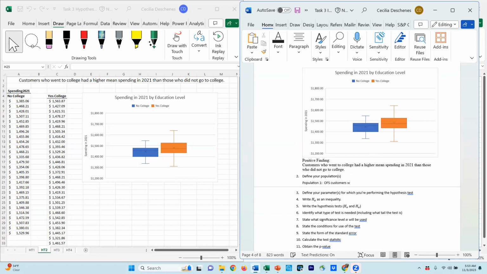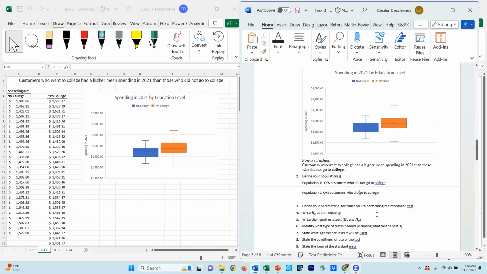OFS customers who did not go to college. Population 2: just come up here and copy this and say it's OFS customers who did go to college. So let's take that "not" part out.